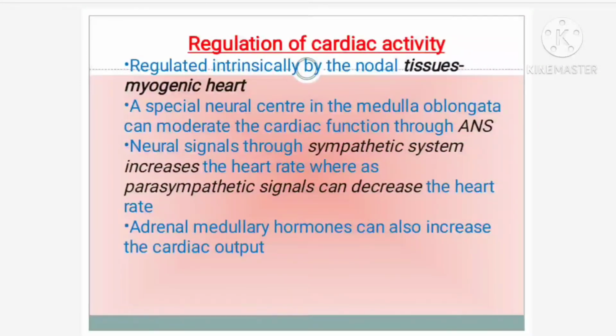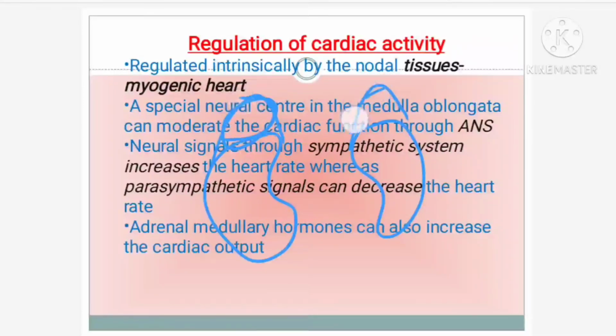Why is it increasing? Because there is a gland called the adrenal gland, which is present just above the kidney. You can find a triangular gland above the kidney, and we call it what? The adrenal gland. This adrenal gland produces a hormone called adrenaline. What is the hormone produced? Adrenaline. This adrenaline is produced whenever there is a stress condition. When we are going to write an examination, this adrenaline will be produced.